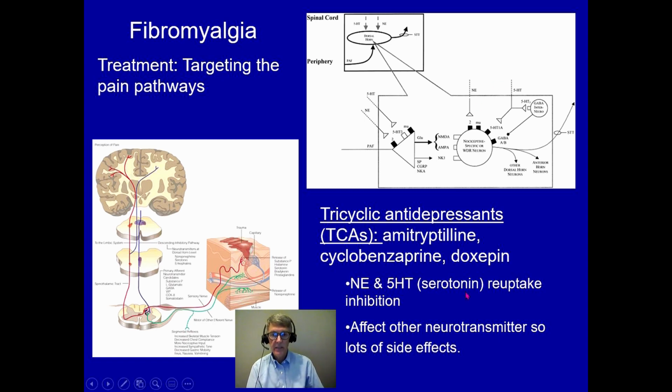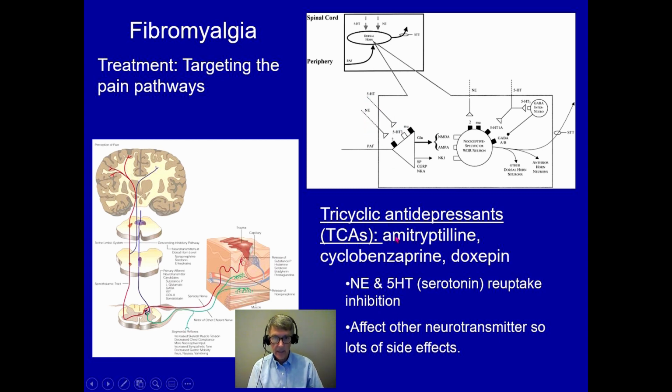The tricyclic antidepressants were the first medicines that were used for fibromyalgia and shown to be helpful. As you recall, when we talked about the windup that occurs in the dorsal horn of the spinal cord and how that can be downregulated by serotonin, 5-HT, and norepinephrine.